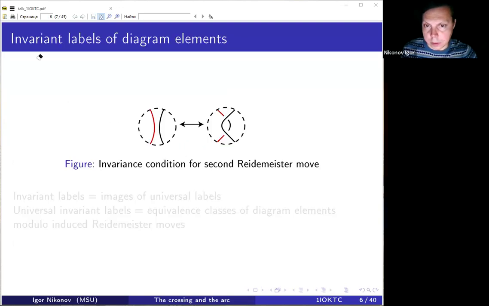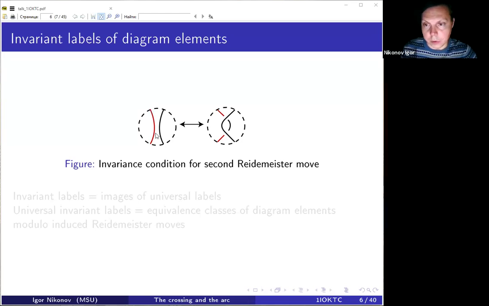What do I mean by invariance? So if we have some diagram element, for example, an arc, and apply a Reidemeister move, this arc transforms. It may split into two arcs, or some arcs may merge, or an arc may disappear. Between two diagrams before and after the Reidemeister move, we have a correspondence between arcs of these two diagrams.